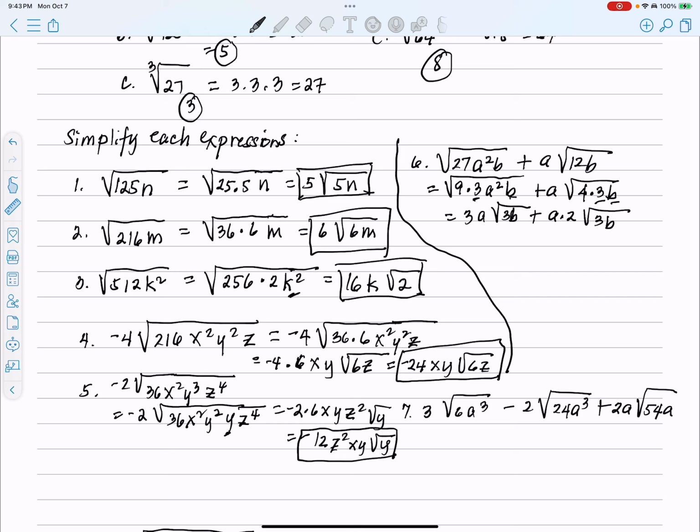So 3a square root of 3b plus 2a square root of 3b. And I could combine terms. 3a plus 2a, and the common factor is square root of 3b, which is 5a times the square root of 3b. This is the simplified form.